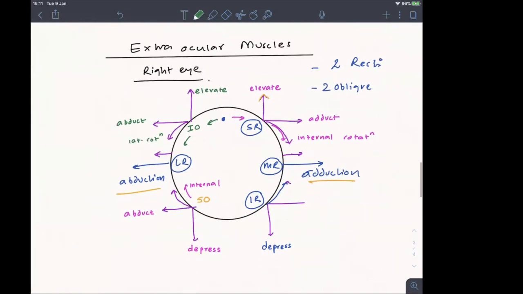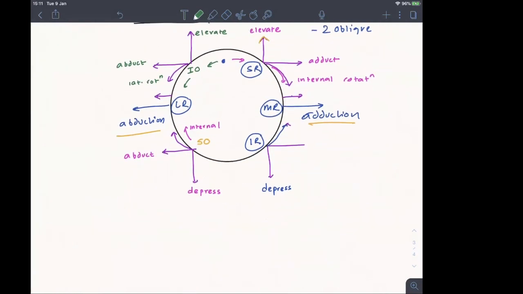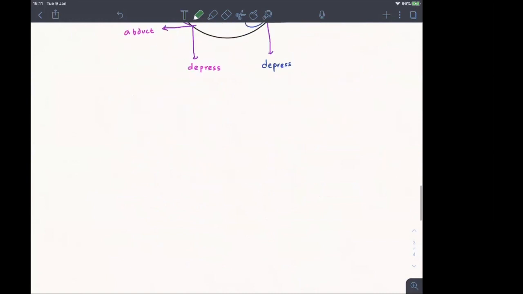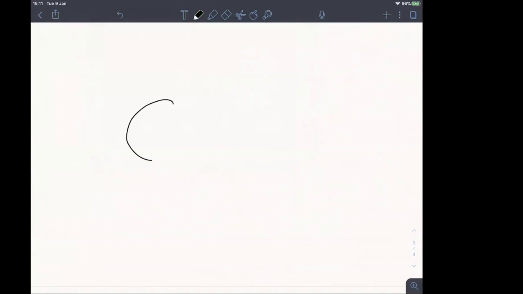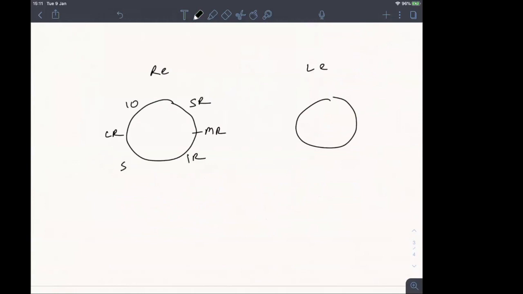Okay. So initially, the eye movements can seem complicated. You might have trouble remembering which muscle does what. But whenever you are in doubt, just initially on paper, later on in your mind, just quickly draw this diagram. So if this is your right eye and this is your left eye, draw medial rectus, lateral rectus, superior rectus, inferior oblique, superior oblique.